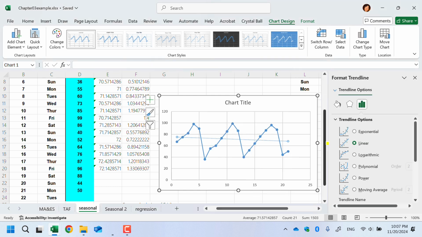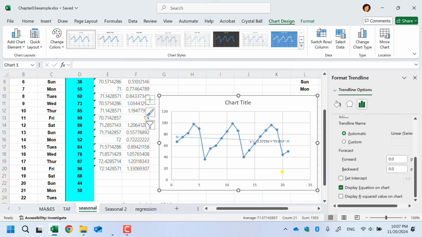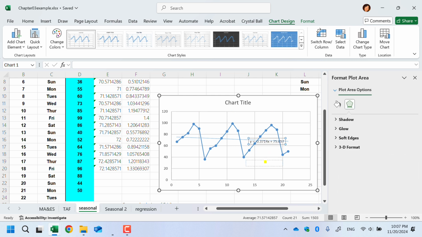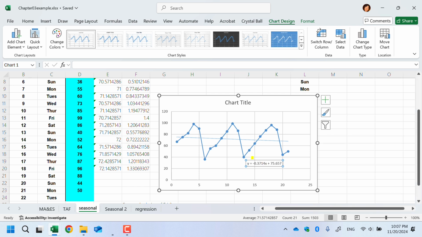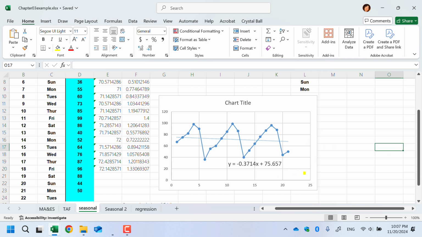Trend line is slightly going down, and I'm gonna choose the equation, right? Right. So next period, how can I forecast is that I can type in the next one is 22.